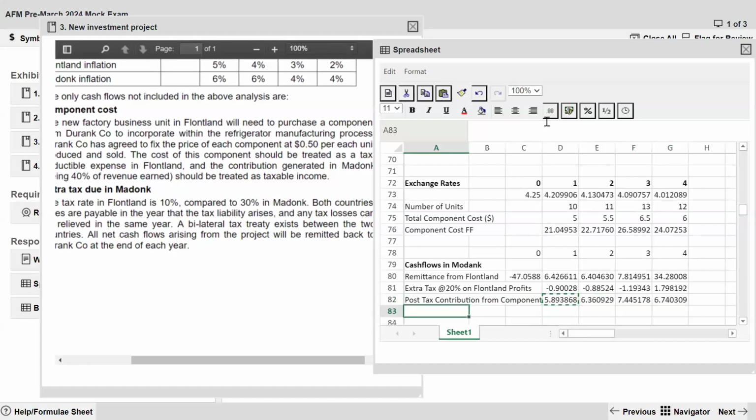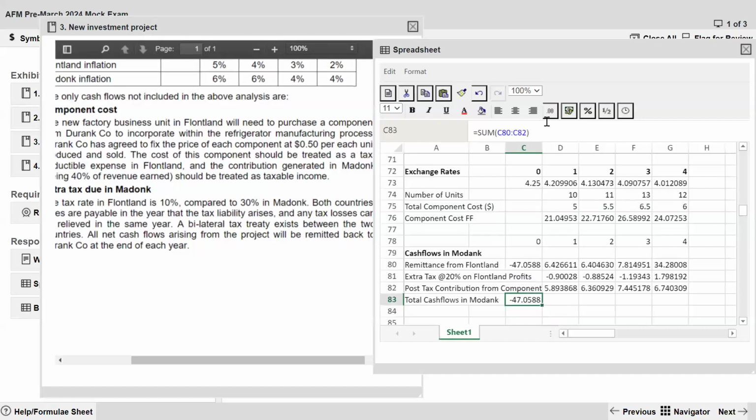Hence, resultingly, total cash flows in Madonk is gonna be this.